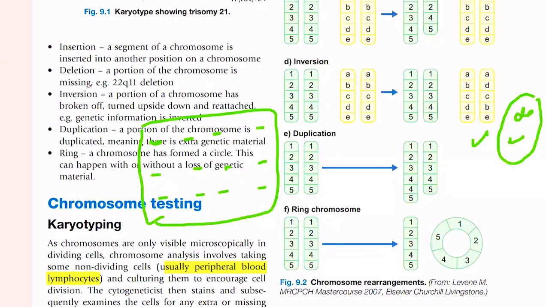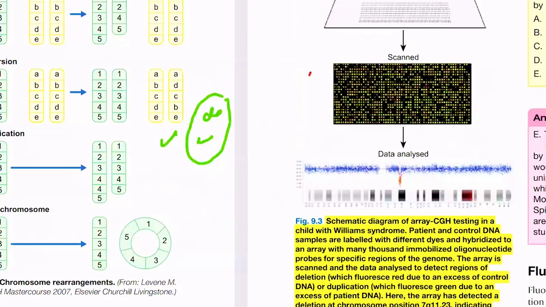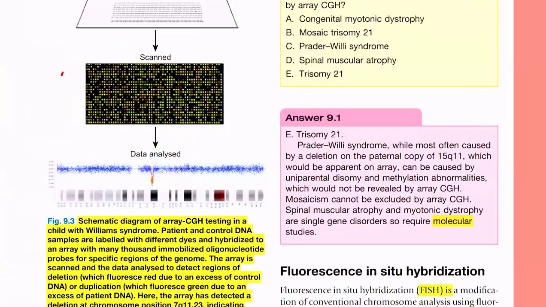Array sampling is a relatively new technique which is preferred now, right? Where we compare patient DNA to normal control DNA. In the CGH, the patient DNA is labeled as green. This is the difference from that picture. They say here the patient DNA is labeled as green, and the control DNA is labeled as red.